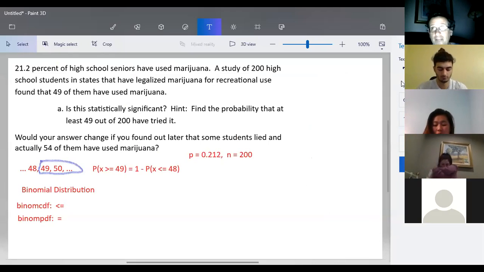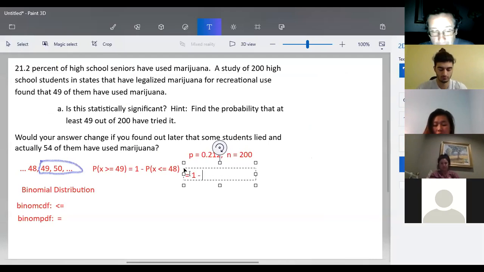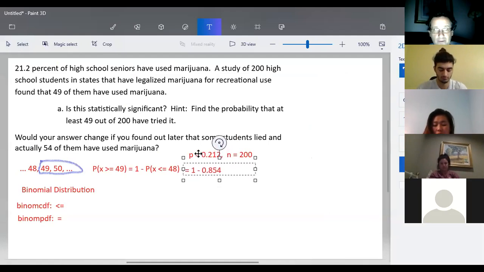So this is now equal to one minus 0.854. Any questions on that?